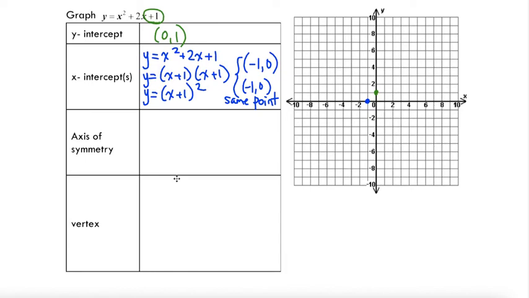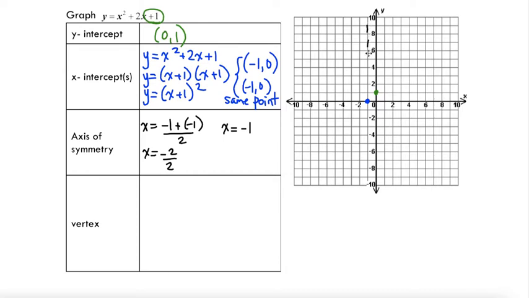All right, so what is my axis of symmetry? Well, my axis of symmetry says that I need to add my zeros together and divide them by 2. So let's go ahead and do that. So I had a zero at -1. I had my other zero at -1, and I'm going to divide those by 2. -1 take away 1 is -2, divided by 2 is -1.